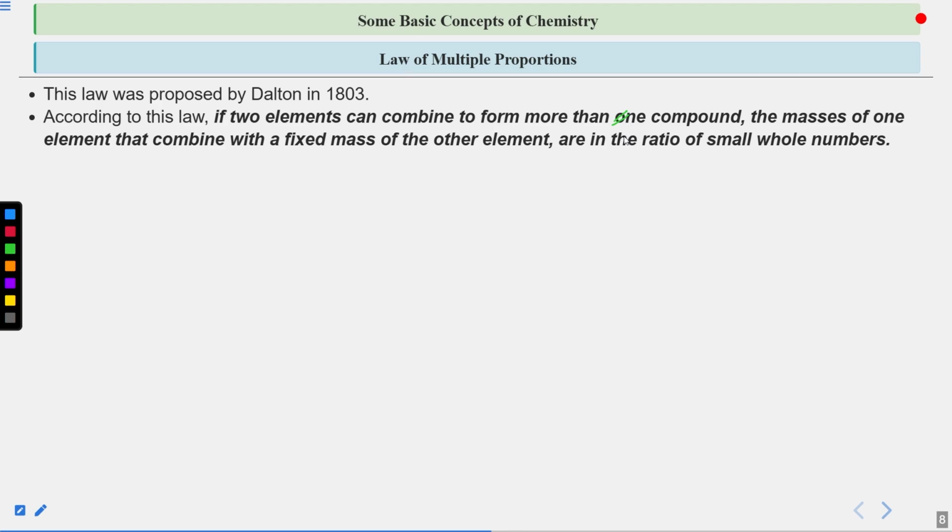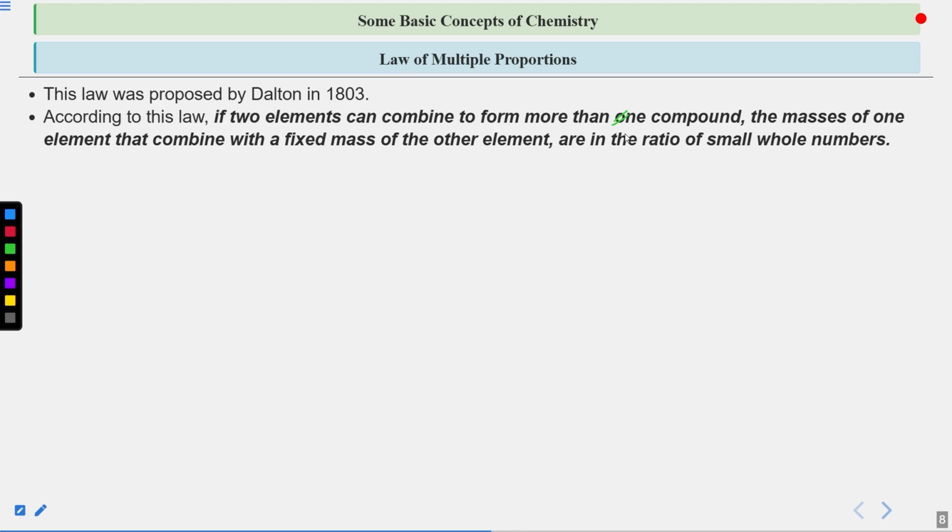So what are we saying? That we are taking two elements and combining them and getting two different types of compounds. And if you take the ratio of the mass of an element in these two compounds, then it will be a simple ratio.